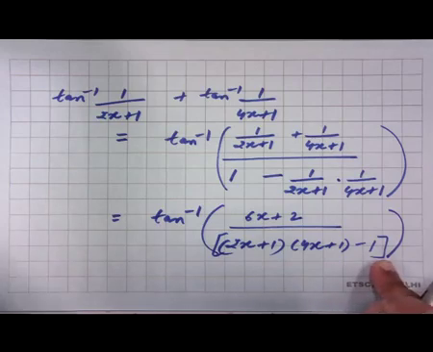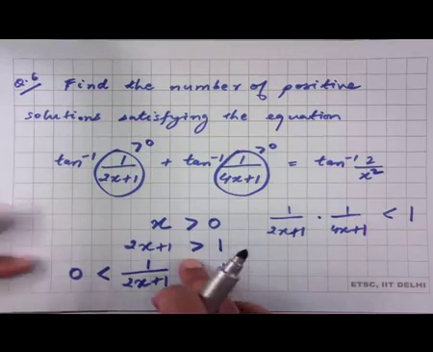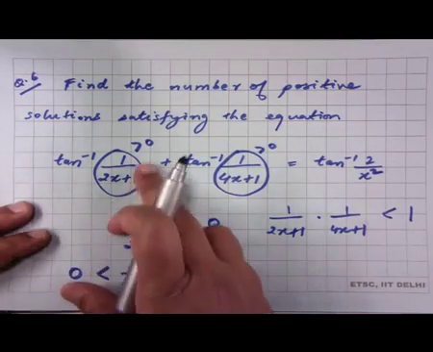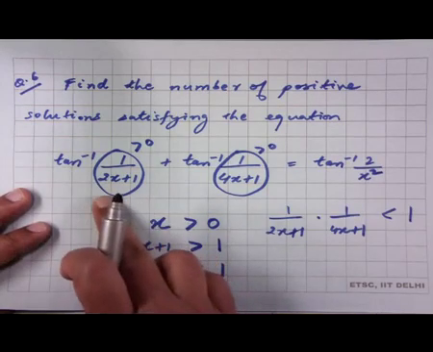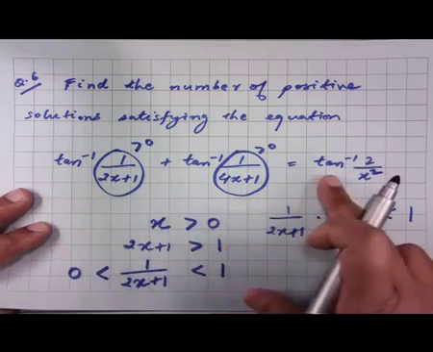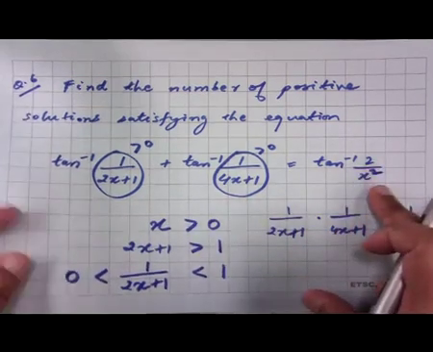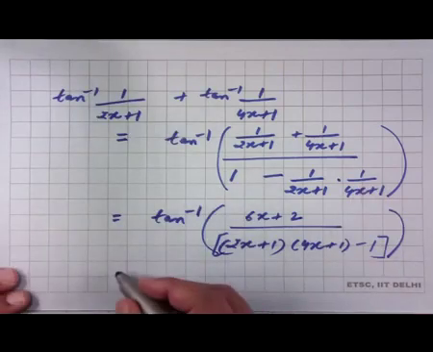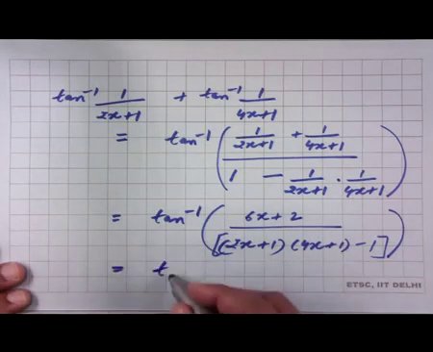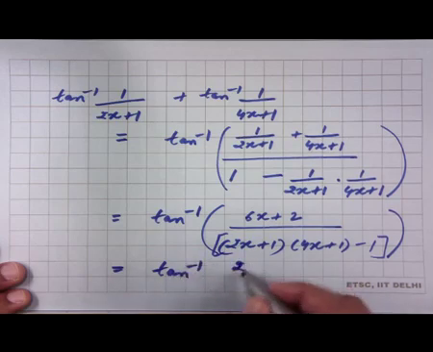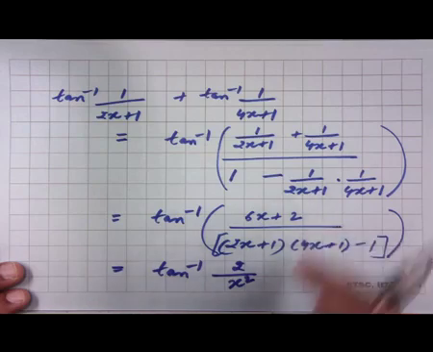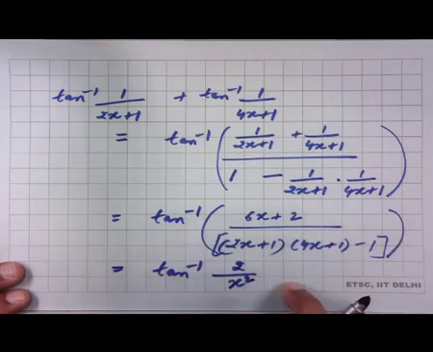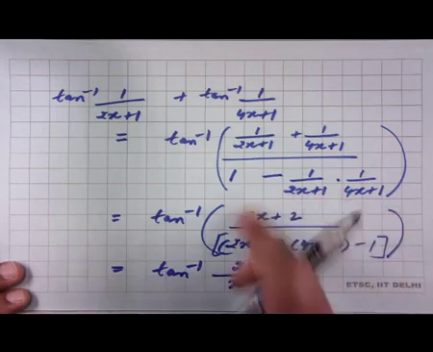In the problem, it is said that we need to find positive solutions, which means that we need to find positive values of x such that this expression is equal to tan inverse of 2 by x square. So from this equality, this and this are equal, and therefore it follows that this argument here should be equal to 2 by x square.